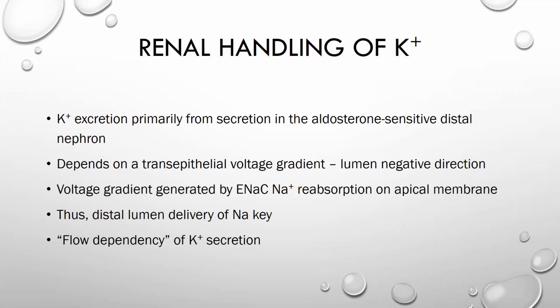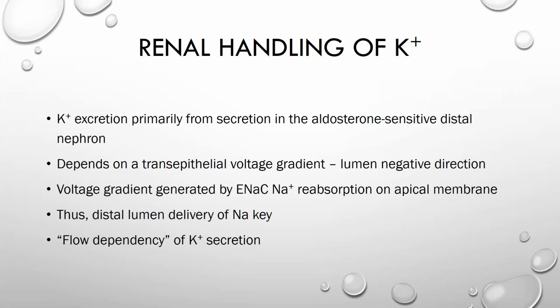Okay, so potassium is being excreted in the distal nephron, and aldosterone is huge in regulating this. And it all depends on a transepithelial voltage gradient between your urine side and your plasma side.